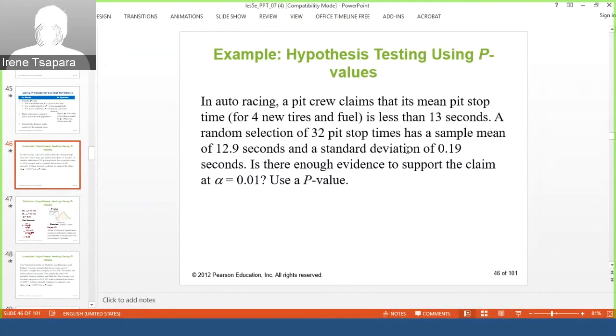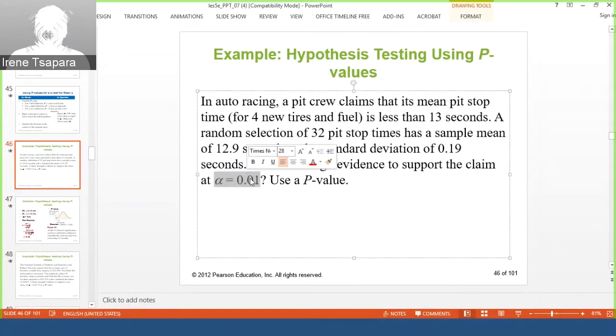So what we have until now is the claim, the H0, and the alternative hypothesis, and the fact that we are running a test using normal distribution. We also know that our alpha is 0.01.